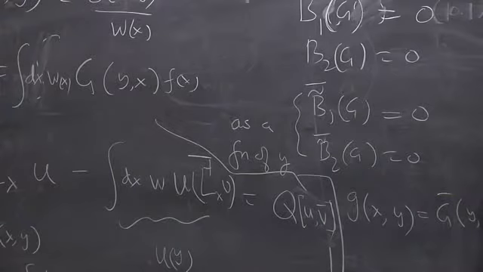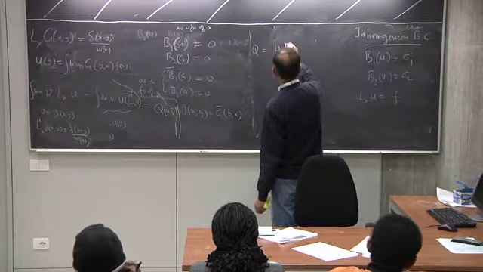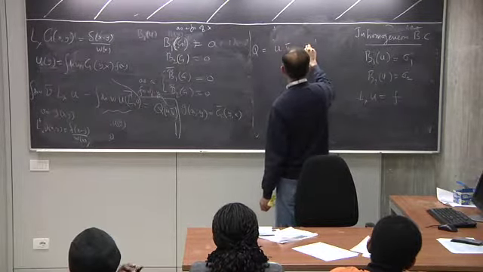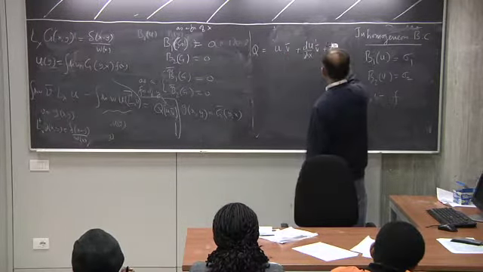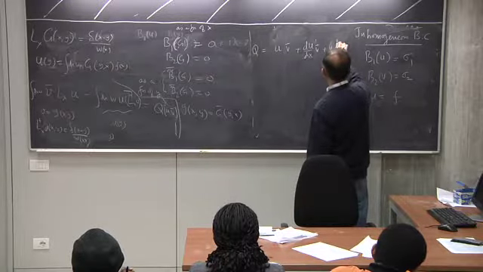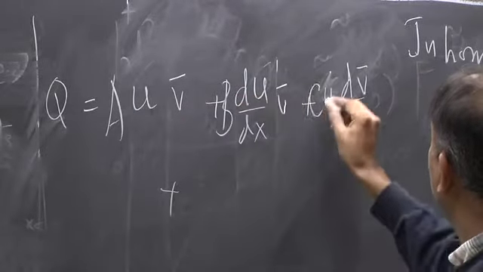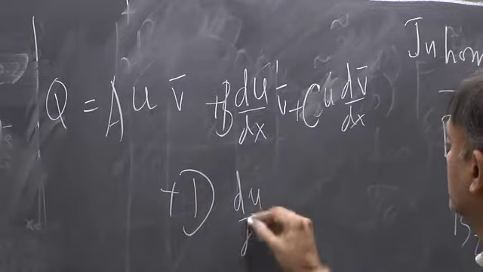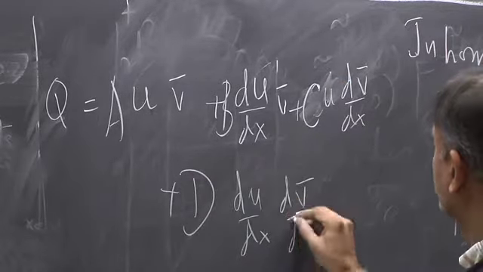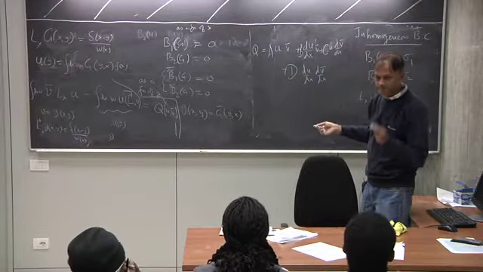The generic terms of Q were something like u v bar plus du by dx v bar plus u dv bar by dx plus, with various coefficients, let us say A, B, C, some capital C and some capital D. Correct? That is the kind of boundary terms you will find.